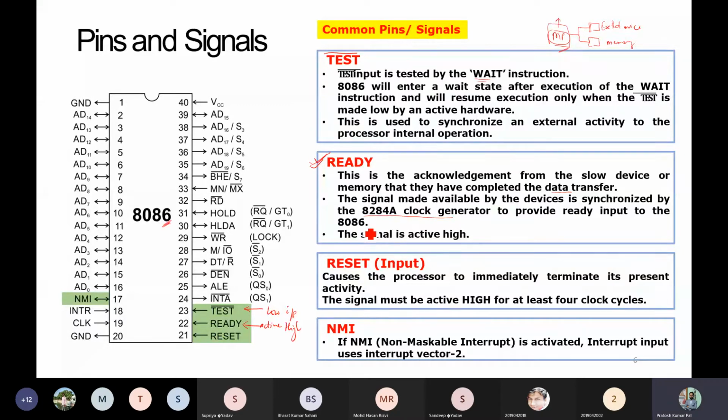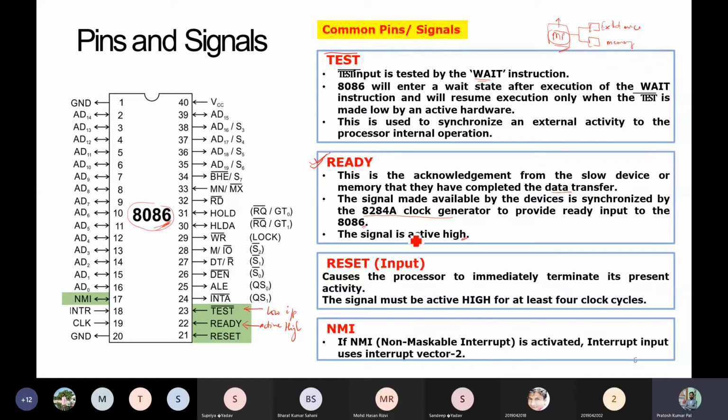This is an active high signal. So once the external device has completed its data transfer, it provides an acknowledgement to the ready pin of the 8086. This acknowledgement says that the data transfer has been completed. Now the data bus control can be taken by 8086.